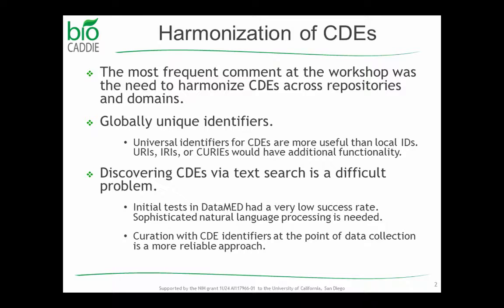Currently there are something like 8 to 12 different CDE initiatives across NIH, and the National Library of Medicine now has a CDE repository which has put them all in the same place, but they haven't yet started the work of harmonizing so that you can tell when the same data element has been described by more than one repository. And that would save a lot of work.